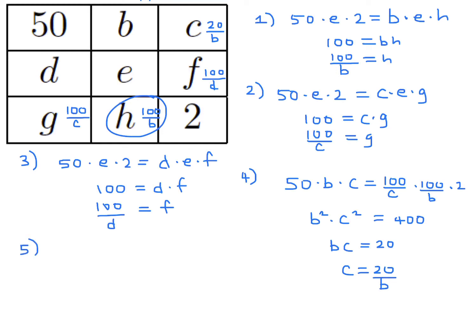All right, now let's see, what else can I do that looks similar? I think column 1 and column 3. This guy, column 1 and column 3. That should help. So that basically gives me 50d and 100 over c is equal to 20.